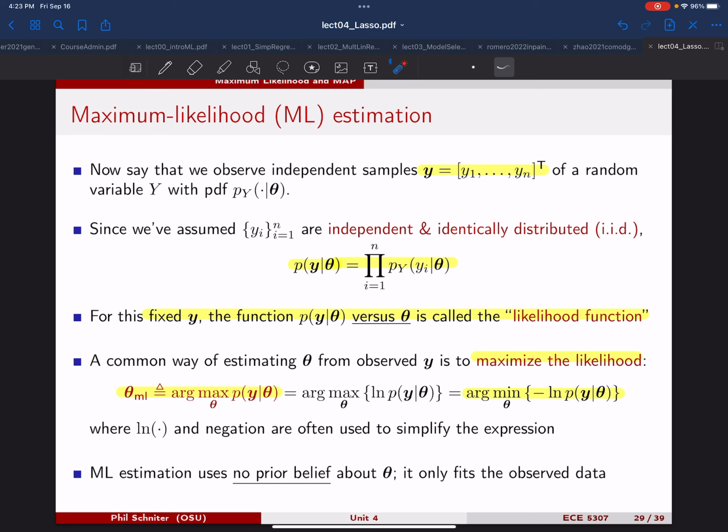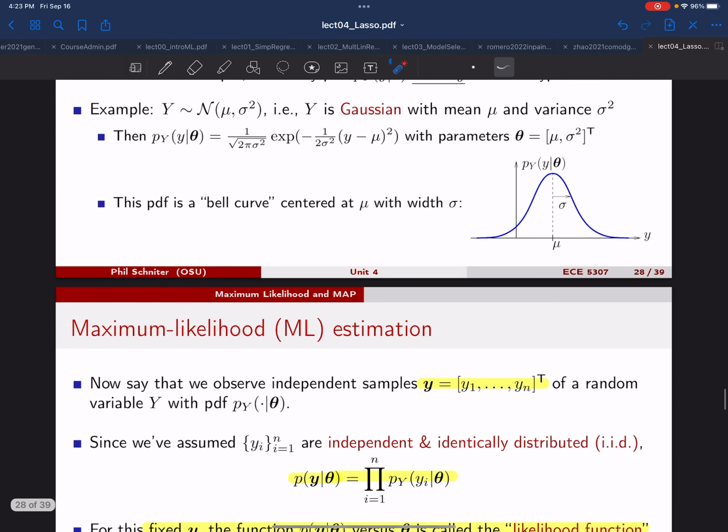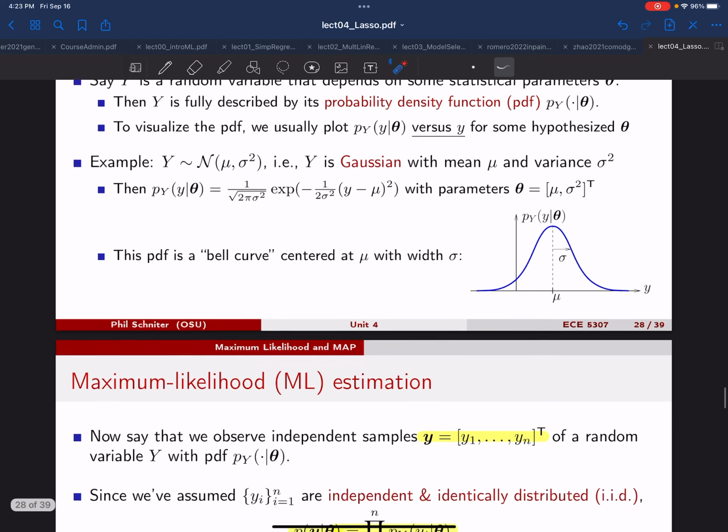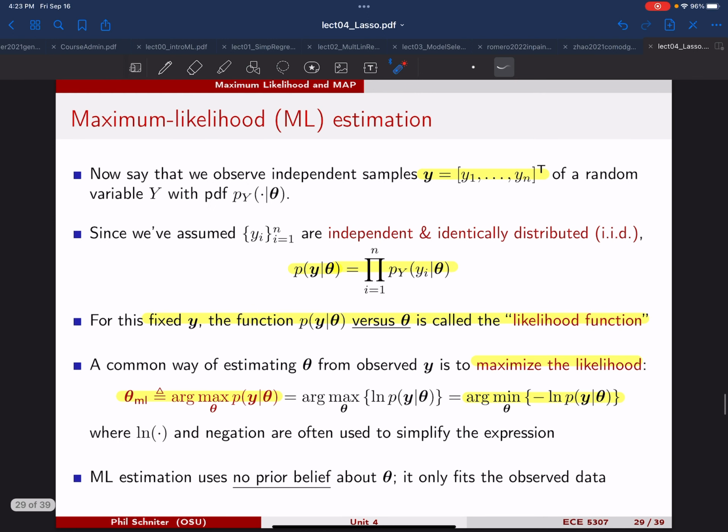All you're using is this function, the likelihood, which connects theta to your measurements. The actual values of theta, you're not assuming anything about. That can be good, or maybe it's not good. Maybe you actually want to bring in some prior knowledge. So when we want to bring in that prior knowledge, we'll turn to the MAP framework. So let's just work with this maximum likelihood framework for now.